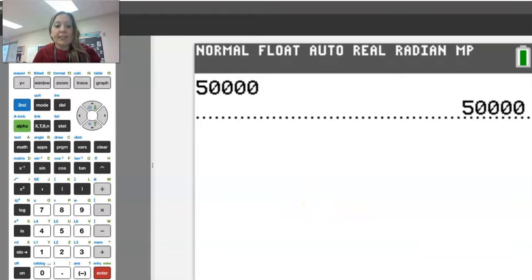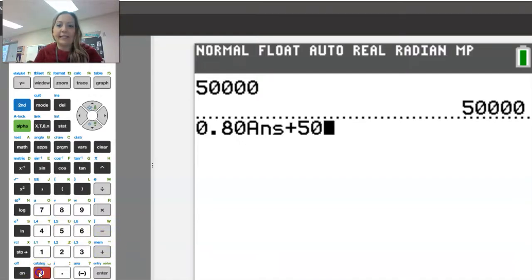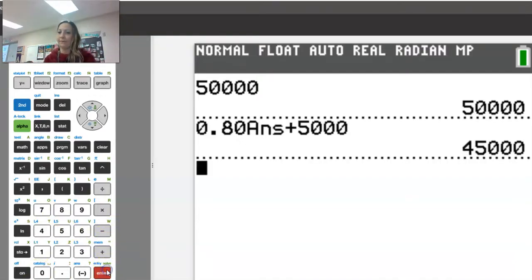Now we're going to use the expression. The expression is 0.80 times a sub n minus 1. I want us to hit second negative to put answer there, and then plus 5,000. Isn't that the expression that we came up with? That's a sub 2, right?